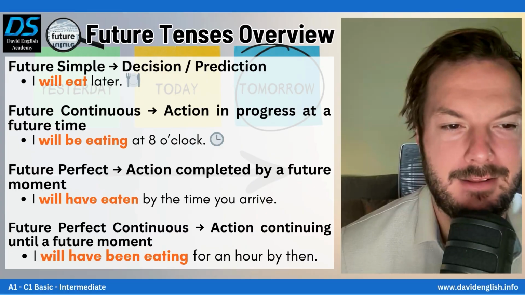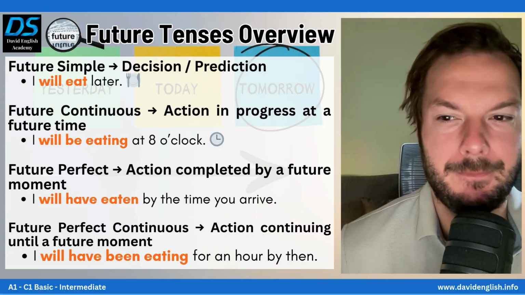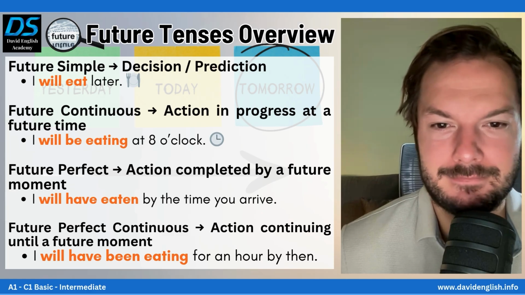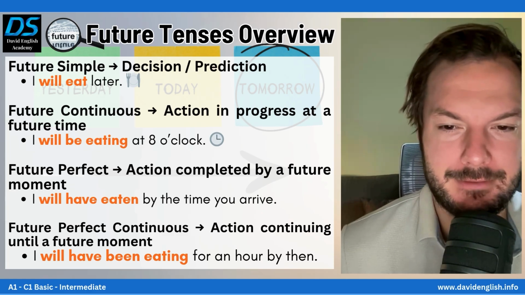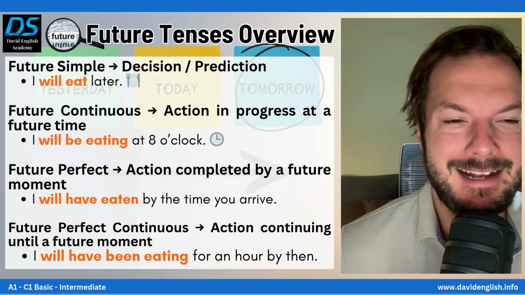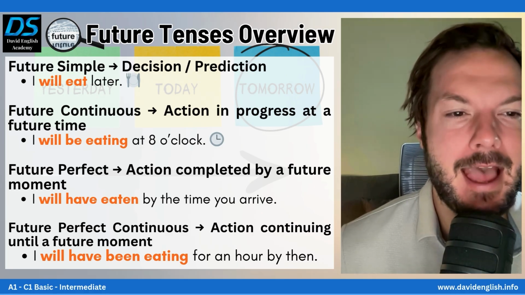And now, finally, the future tenses overview. Future simple, decision, prediction. I will eat later. Future continuous, action in progress at a future time. I will be eating at 8 o'clock.